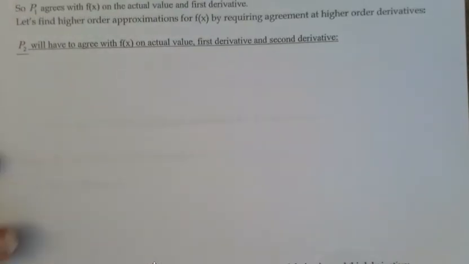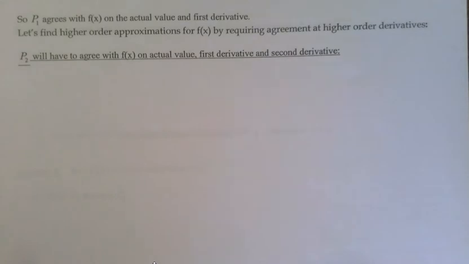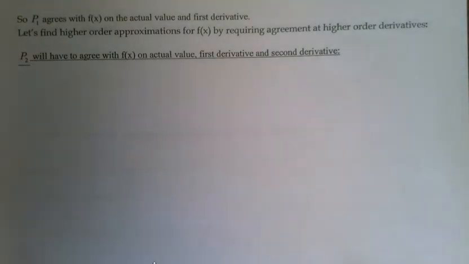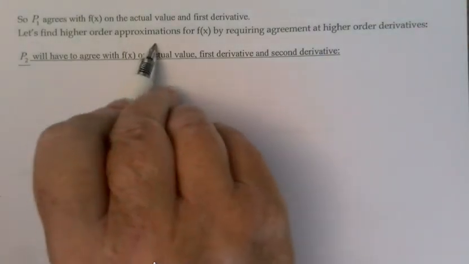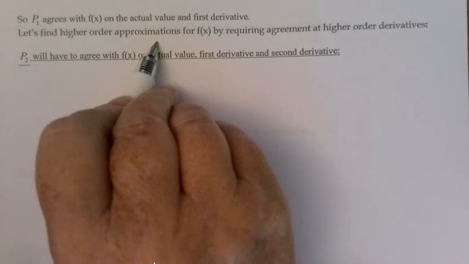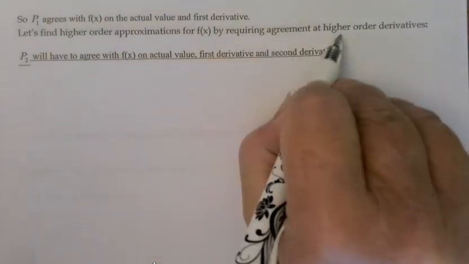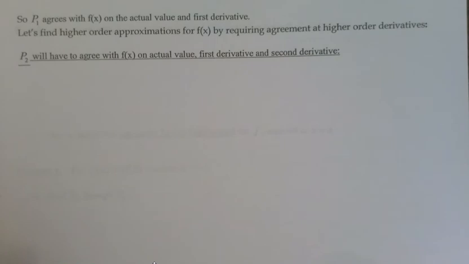What we just discovered was that P1 does agree with f of x on both the actual value and the first derivative. We are now going to say, let's find higher order approximations for f of x by requiring agreement at higher order derivatives.